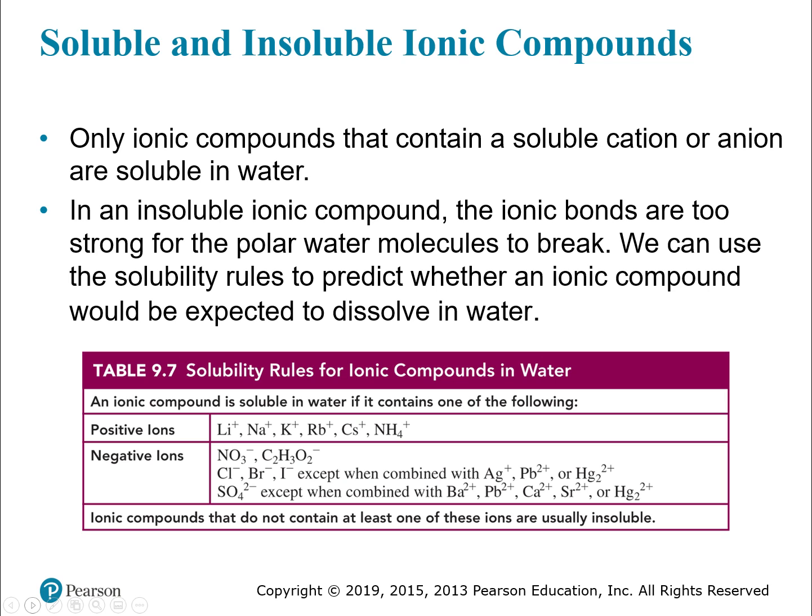When it comes to an insoluble ionic compound, the bonds between the ions in that compound are too strong for the water molecule to be able to break them up. That compound would prefer to stay together than break up. The solubility rules that you see in the table are the rules that we can use to predict whether an ionic compound would be expected to dissolve in water.